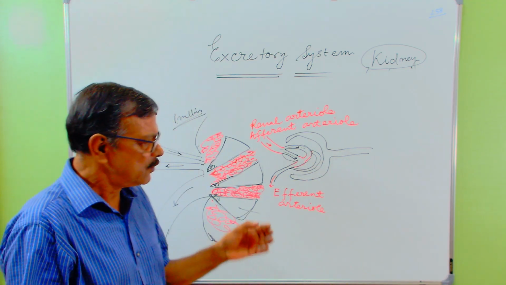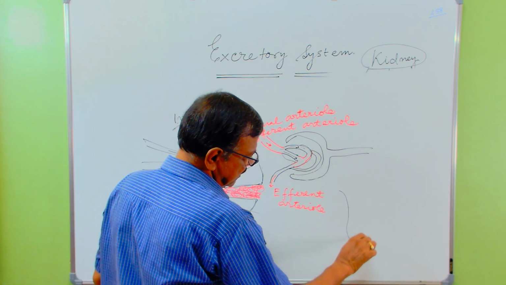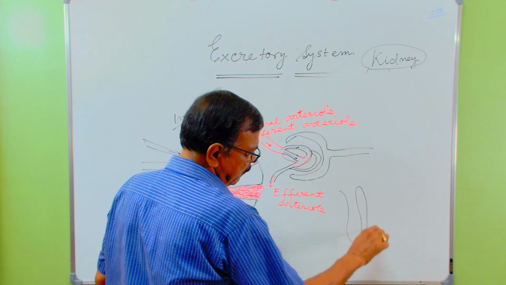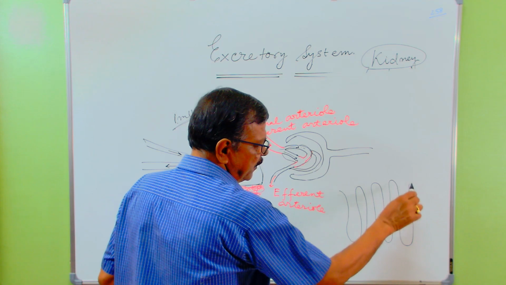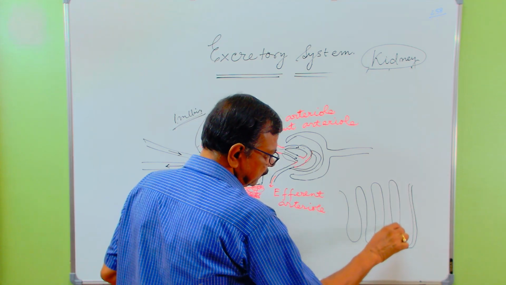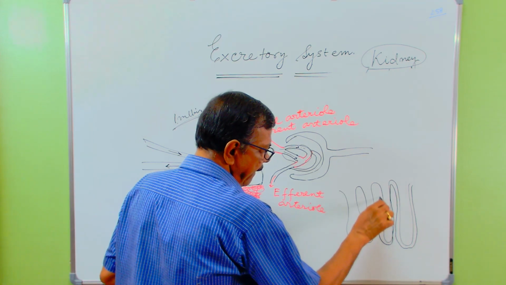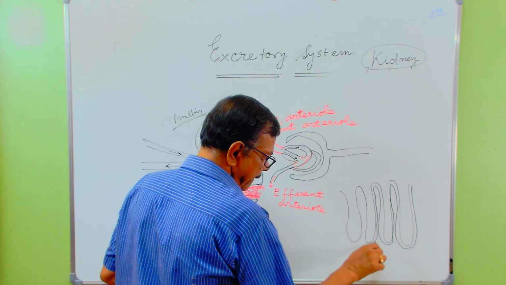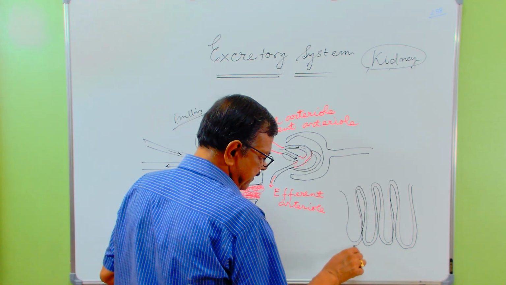Clear? So these loops are like this. Suppose it is going here, it is making a loop. Again, it is making a loop. Again, a loop. Again, a loop. So these loops are forming a capillary tuft.